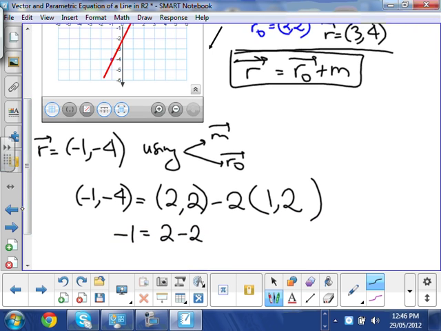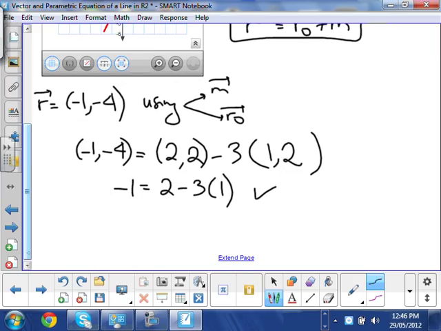Oh, it's -3. Sorry, yeah, it's -3. Okay, let's see if that works. It's 2 minus 3 times 1. Is this correct? 2 minus 3, that's -1. Yes, this is correct. And the second one is -4 equals 2 minus 6. Yes, this is correct. So that it's negative 3 there.